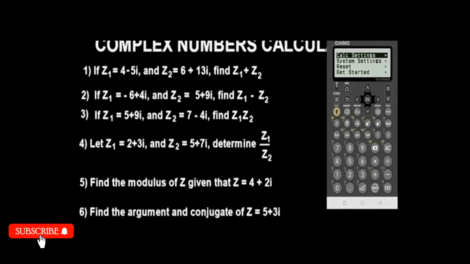Okay, then under calculator setting, press execute, go to angle units, execute, radian, execute. Alright, so it's now in radian. Let's go back. So press execute again now. You see the answer has changed to a value in radian. So it's as simple as this.